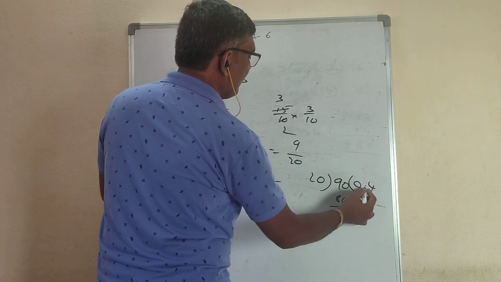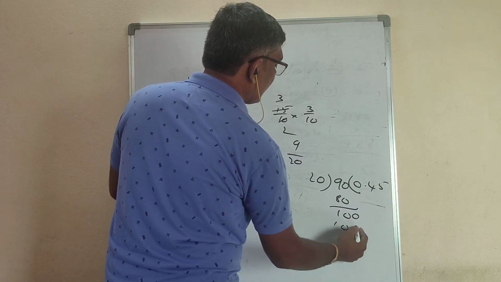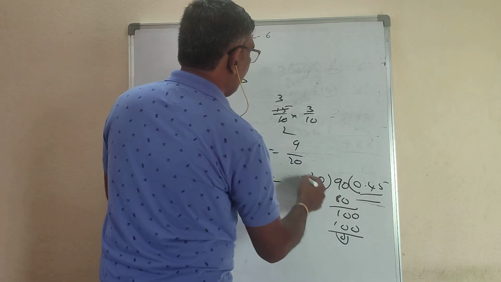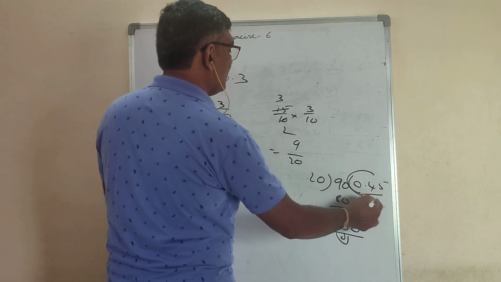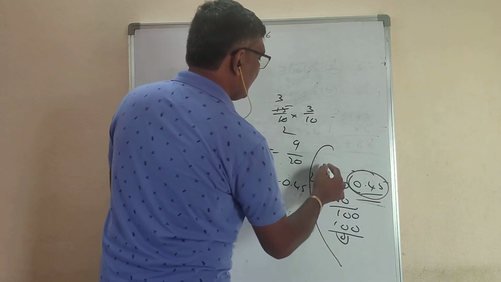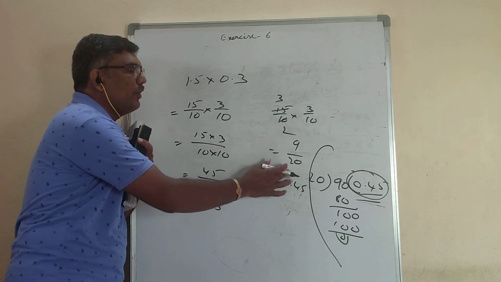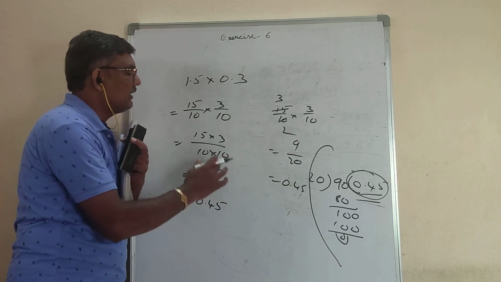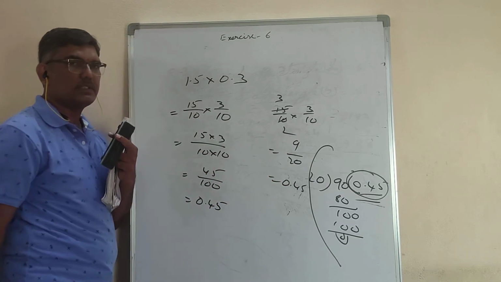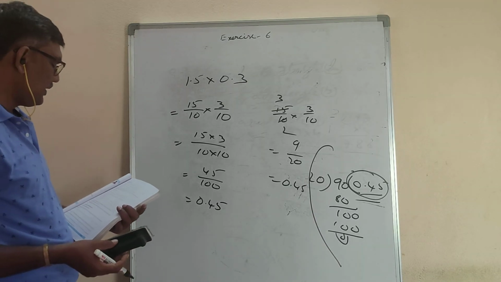If you subtract, 10 will be there, the point is there, you can keep 0 here. 25 is 100. If you do it in this procedure also, the answer you got is 0.45 only, but you should know this division perfectly. If you know division perfectly, you can do it in this method. Otherwise, you can follow the other method. Which is easier for you, you can opt for that.